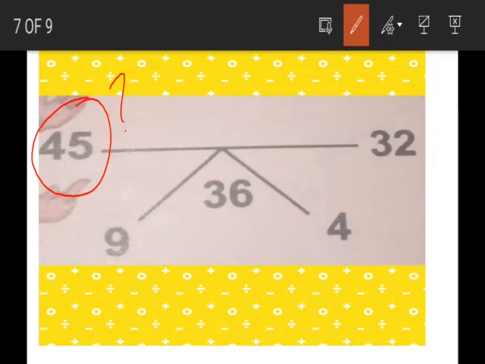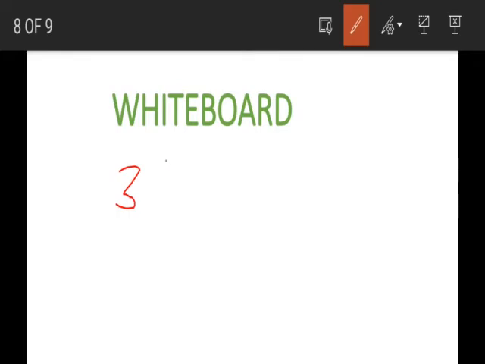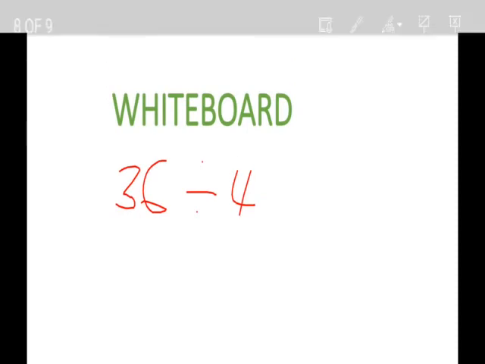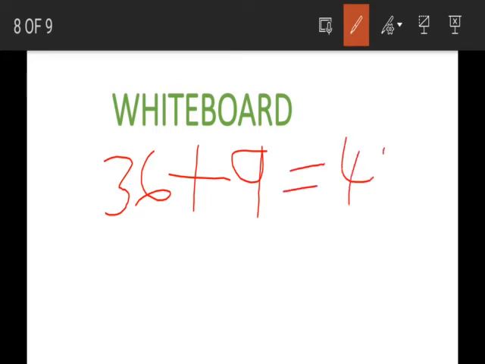To get 45, we are doing 36 plus 9. And that will give us our 45.